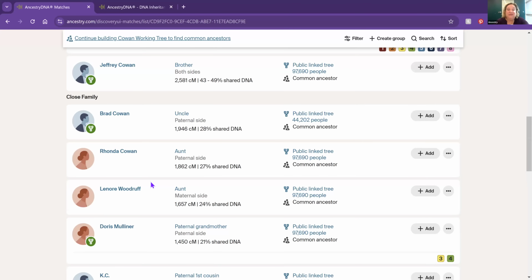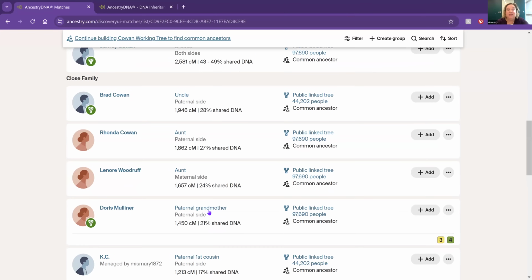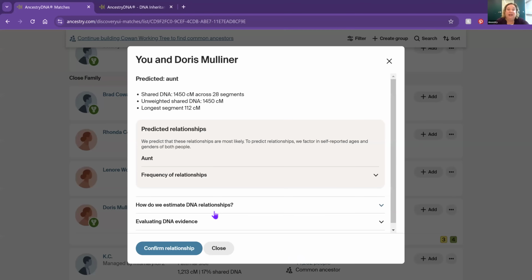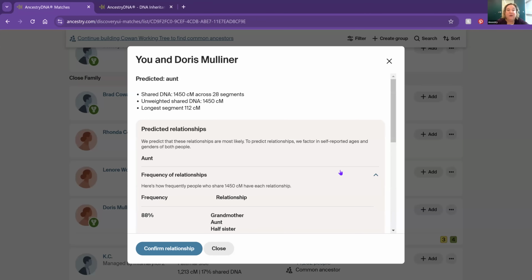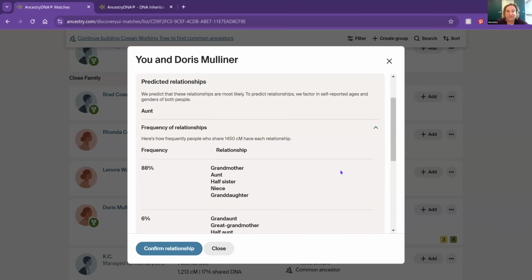Now, another thing that we've done to help you is, in addition to providing you with a predicted relationship, you can click on any of these predicted relationships, and we will give you a little chart that explains what's called the frequency of relationships, okay? Now, I don't want to lose you here, but I do want you to start to think about this.